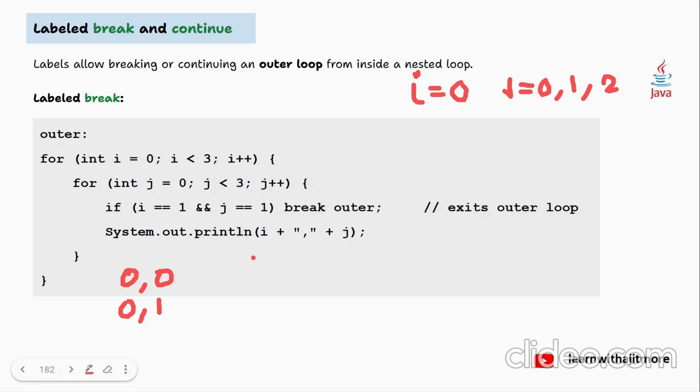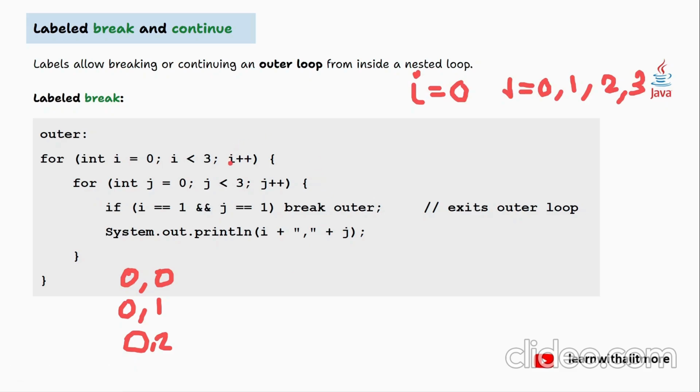But the condition is not true. Therefore print the combination. What? 0, comma 2. Okay? And then J becomes 3. But the moment J becomes 3, the J loop is failed. Is 3 less than 3? No. This for loop is over.